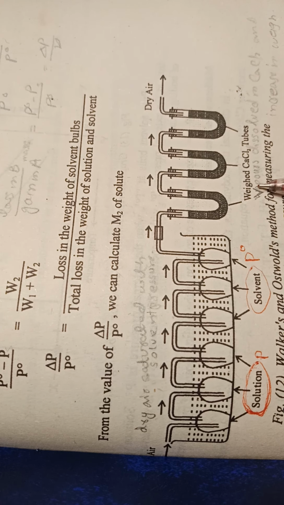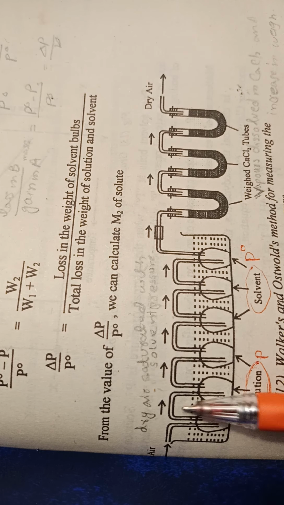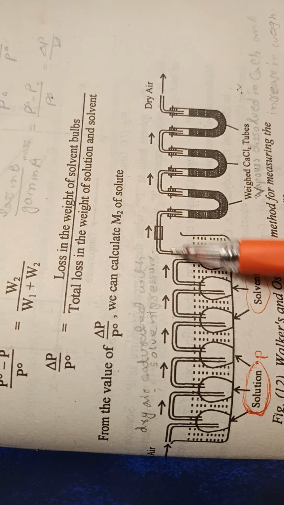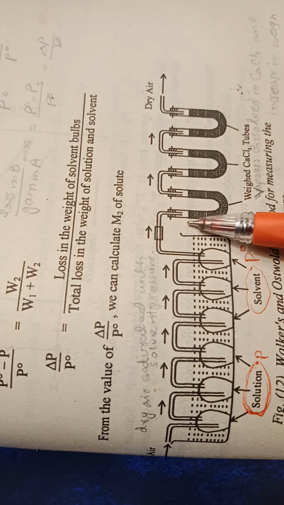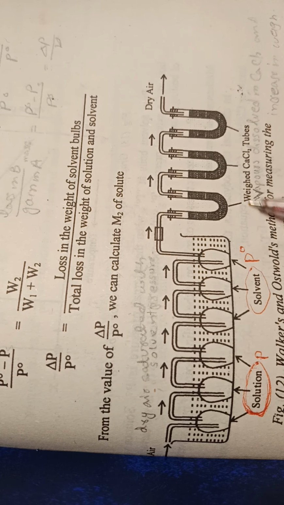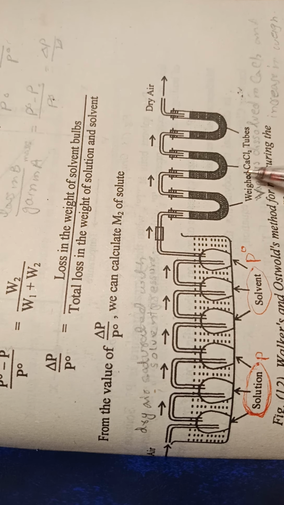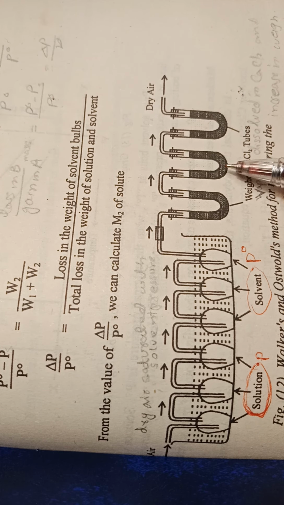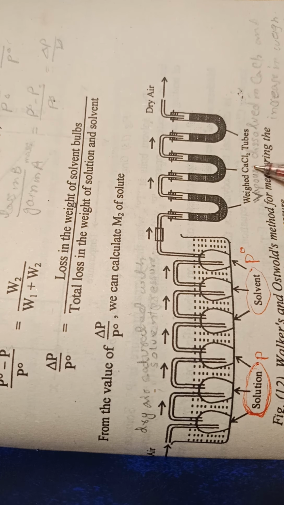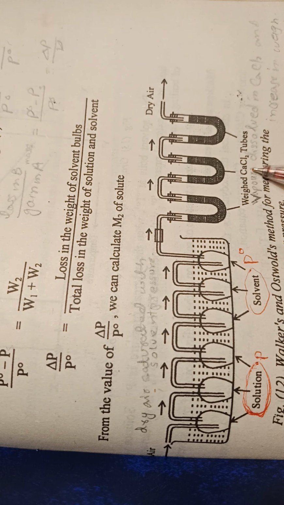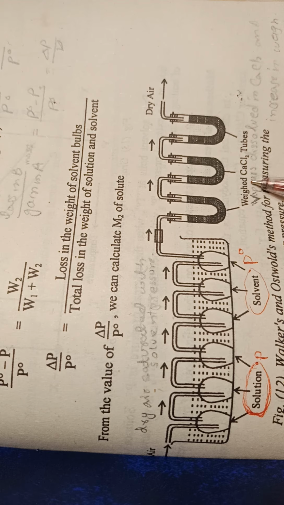The amount of vapors that are absorbed from the air by the anhydrous calcium chloride in these tubes will increase the weight of the calcium chloride.